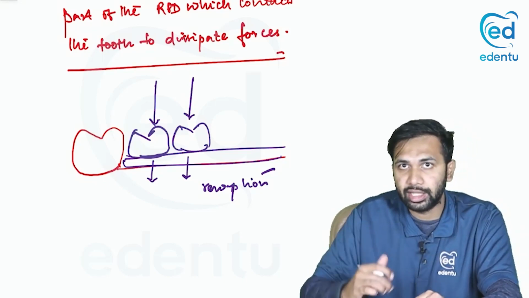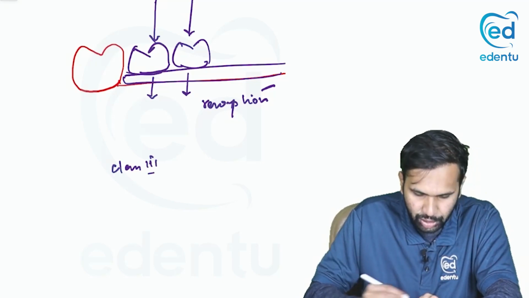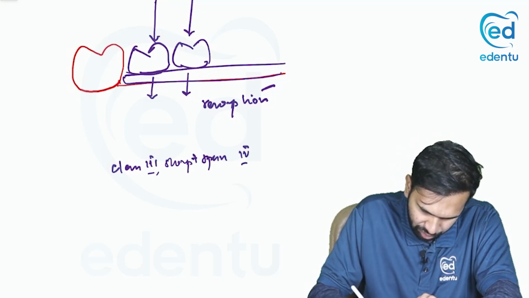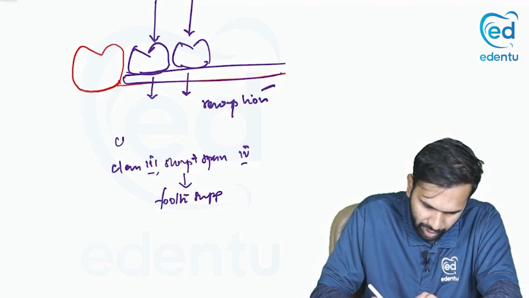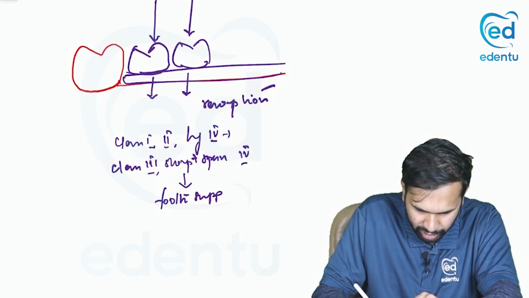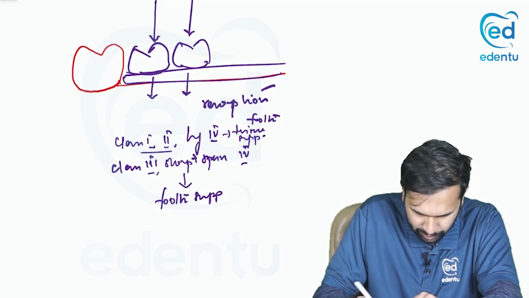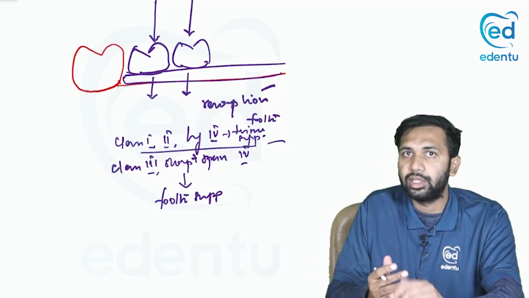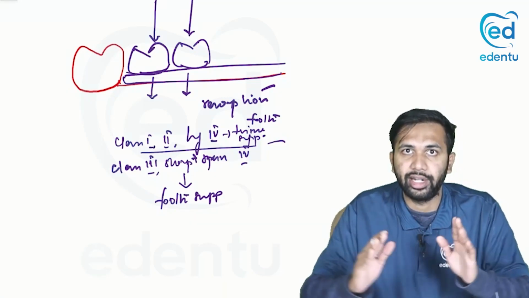During the classification, I told you, Kennedy's class 3 and short span class 4 are examples of purely tooth supported, whereas class 1, class 2 and long span class 4 are examples of tooth and tissue supported. So always the abutment tooth has to bear your occlusal forces so that the RPD can function effectively.